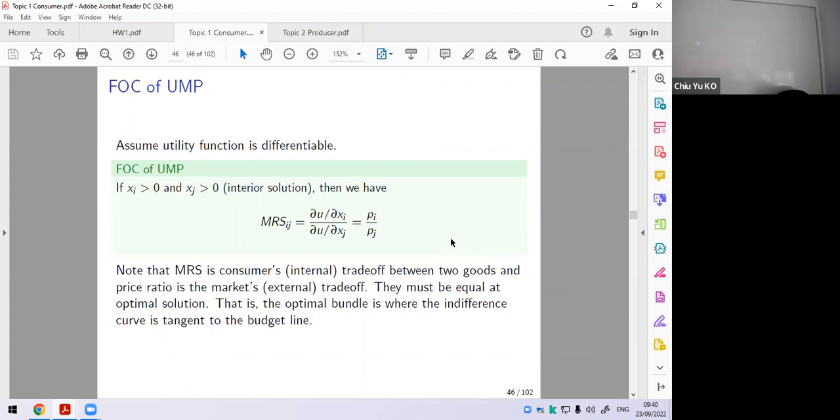So the same thing. When you maximize utilities subject to a budget constraint, just to remind you, in this particular case, this is x1, this is x2. We have two things we need to work on. We have a bunch of possible indifference curves, and we also can have a bunch of possible budget lines.